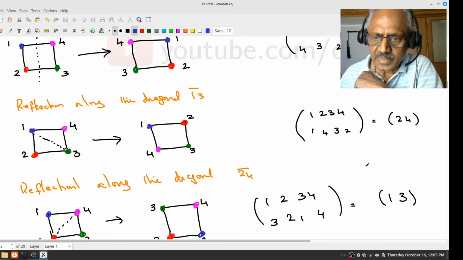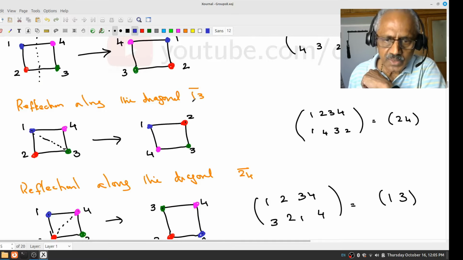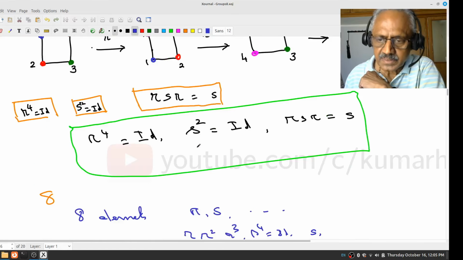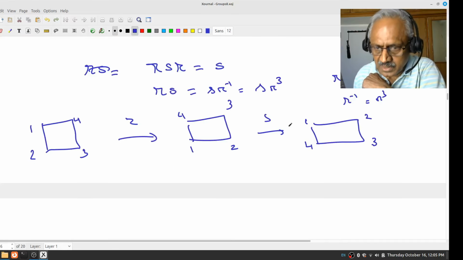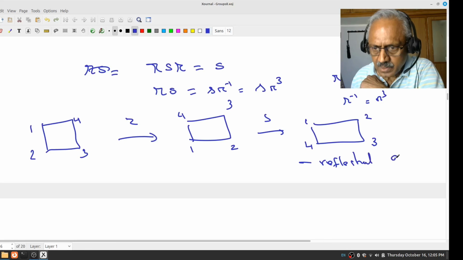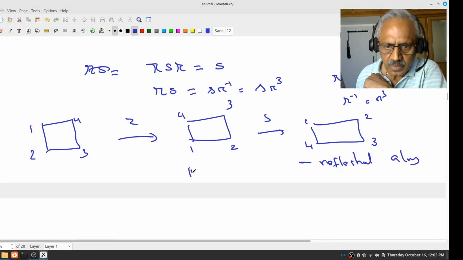Let us see where I get it. 1, 4, 2 and 3. You can see it's a diagonal. It's a reflection along the diagonal. That also I can see 1 and 3 remain fixed. Therefore this is nothing other than reflection along the diagonal 1, 3.